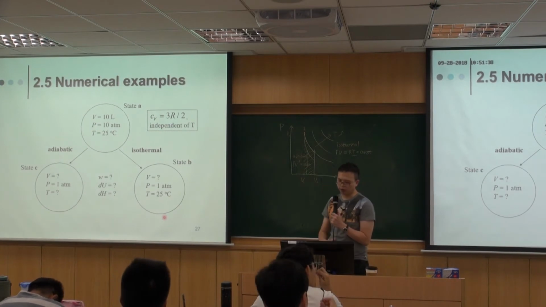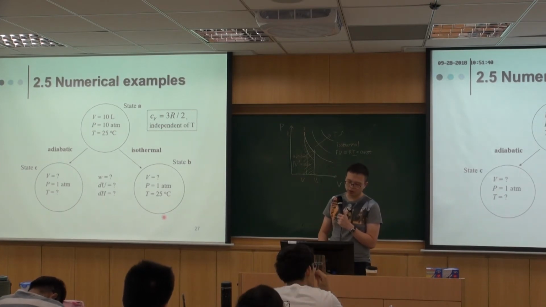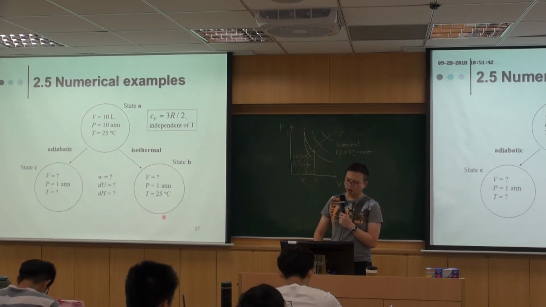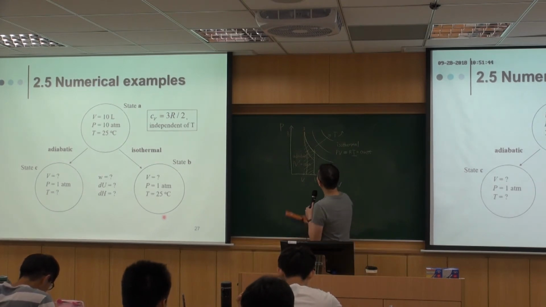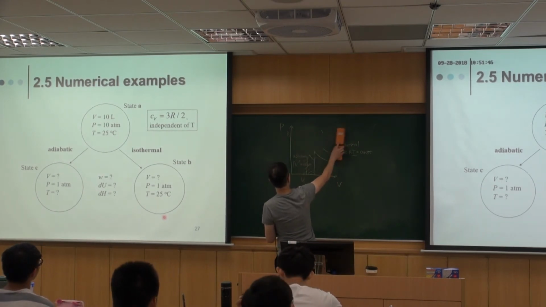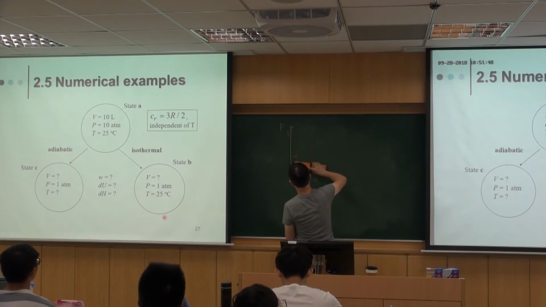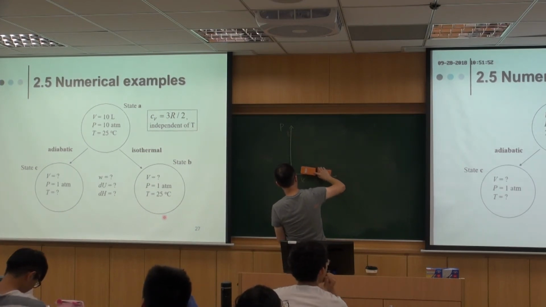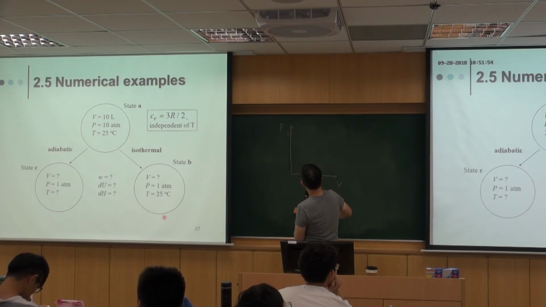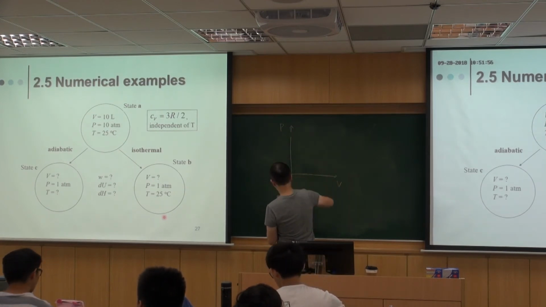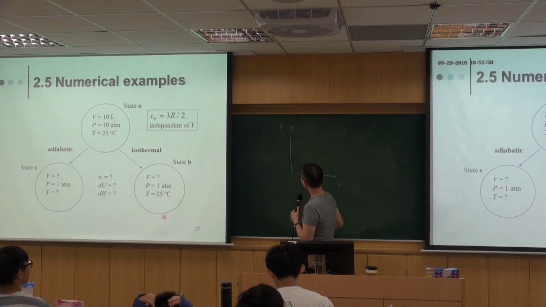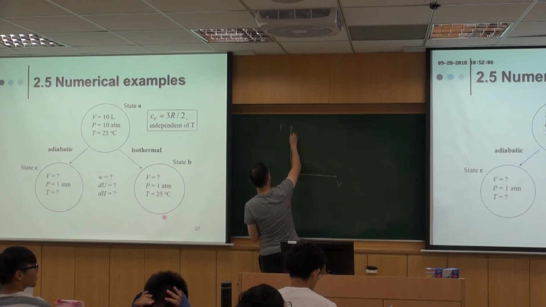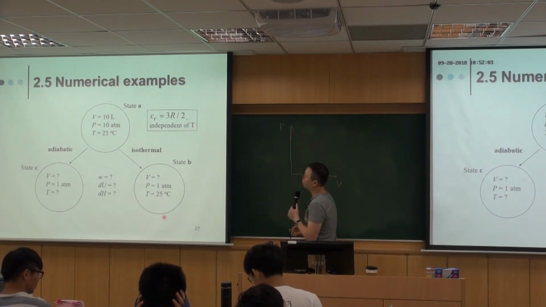For instance, in chapter 2, we have this numerical example, which is a very, very simple problem that shows you how to calculate all kinds of thermodynamic properties using a simple PV plot.